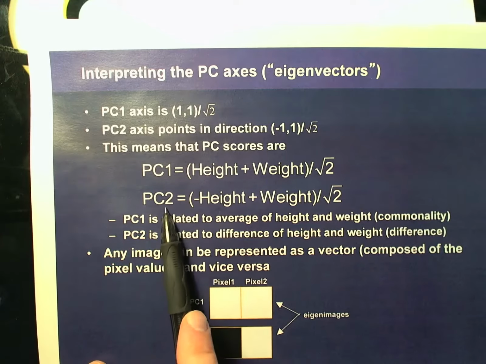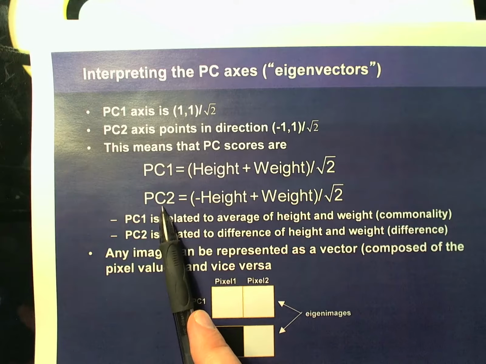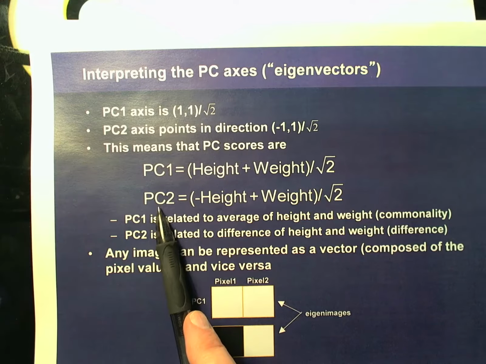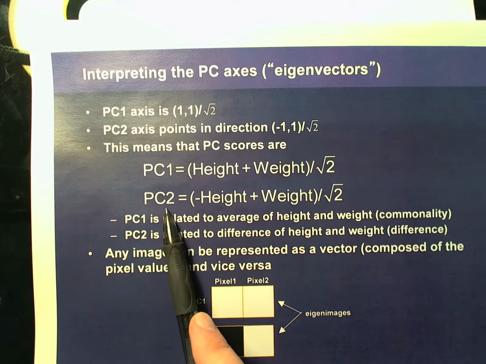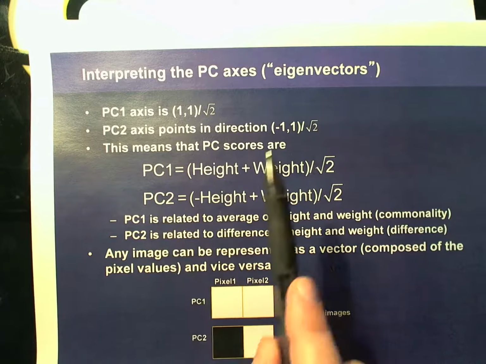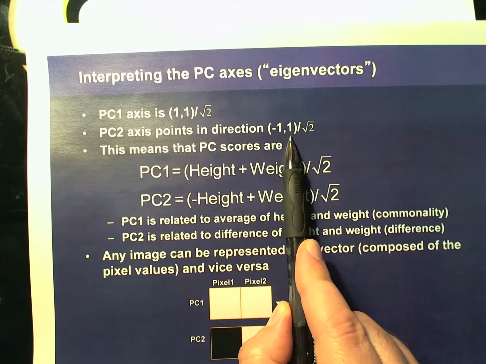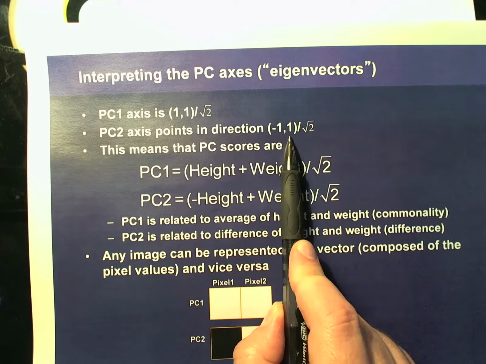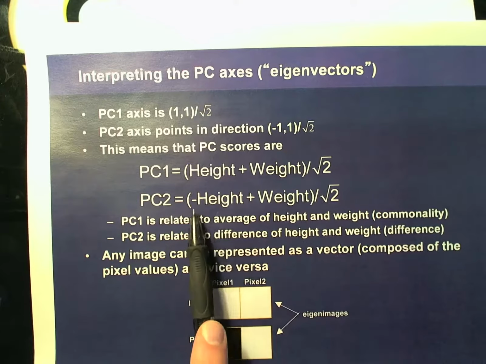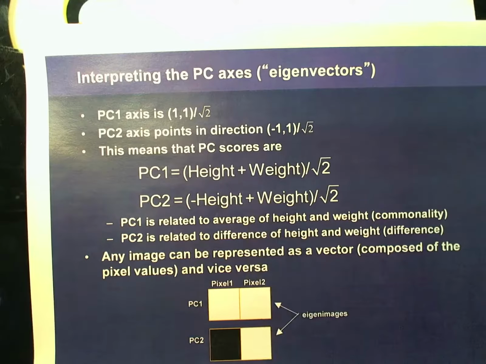And then the perpendicular one, the one that we think we can just throw away if we want to compress, but we would have a little bit of error, but not too bad. That one's basis vector is minus 1, 1. If we dot product that with height and weight, we'd have minus the height plus the weight.